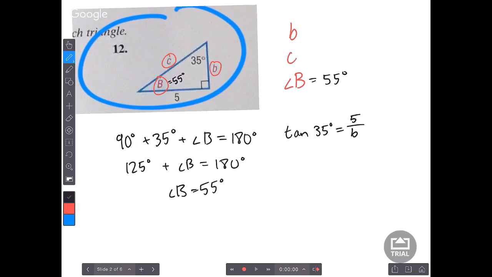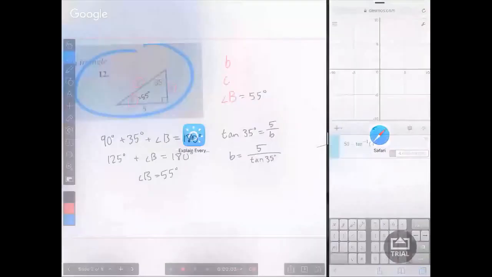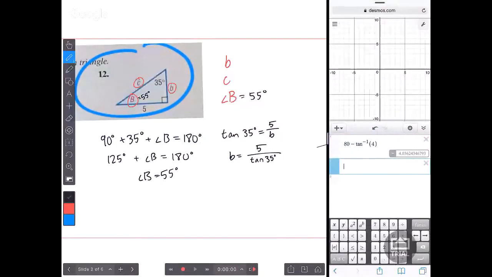And I want to solve this for B. So B equals 5 over tangent of 35 degrees. And I'm going to go ahead and pull out a calculator. 5 over tan 35, 7.14.